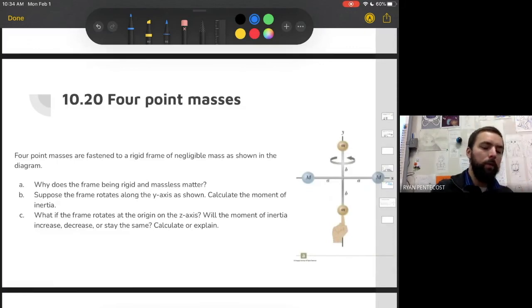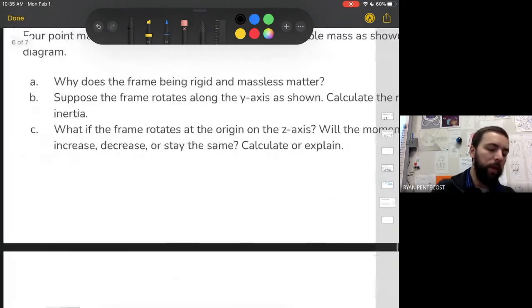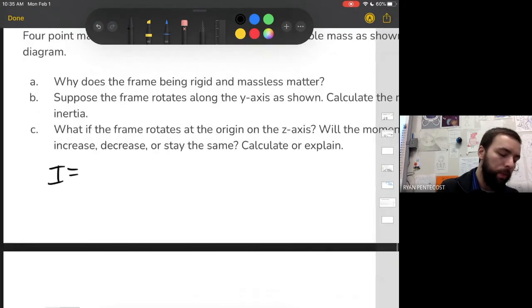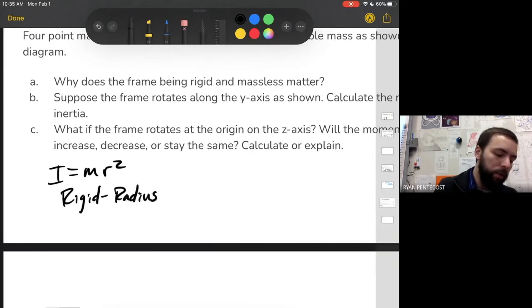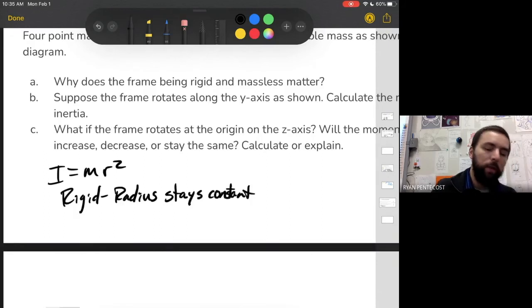Well, we know that moment of inertia relies on 2 things, mass and radius. If it's rigid, rigid means the radius won't change. Radius stays constant. If it's not rigid, that means that the radii might change as this object rotates, or just as it sits still.